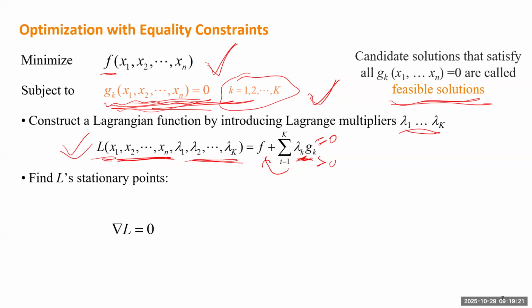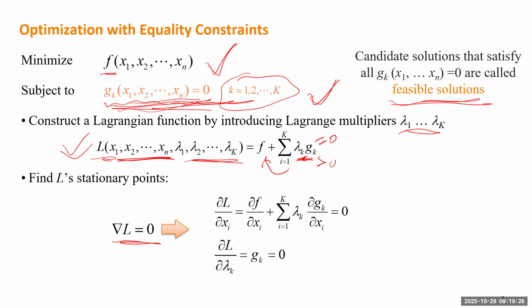Okay, so we still take the first step for the necessary condition: we find the stationary points. By finding stationary points, you have to calculate the partial derivative of this new Lagrangian cost function with respect to each variable, including the original variables and also the new variable, lambda, the price or the multiplier. When we calculate such a partial derivative, that is equivalent to making the equality constraint hold, because this is exactly our equality constraint.